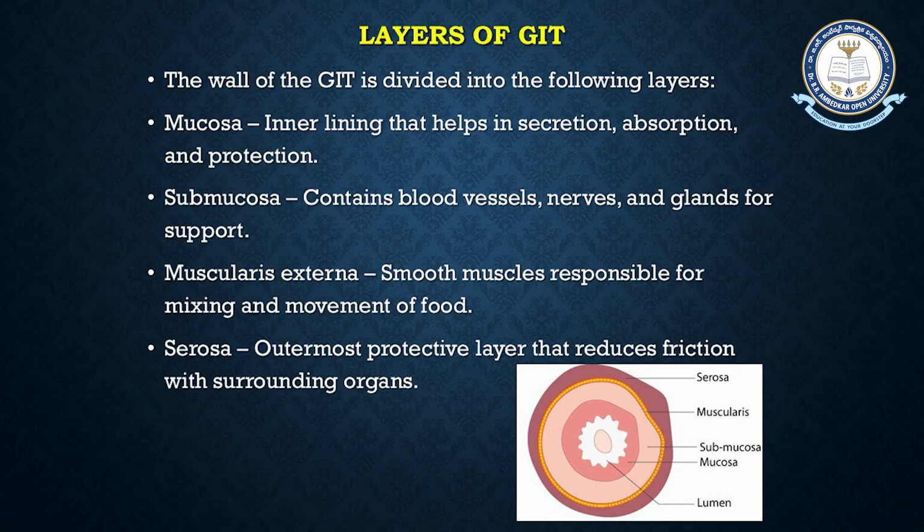Then comes muscularis externa. It is a layer of smooth muscle which is responsible for mixing and moving the food down in the alimentary canal. Then comes serosa, which is the outermost protective layer that reduces friction with the surrounding organs.